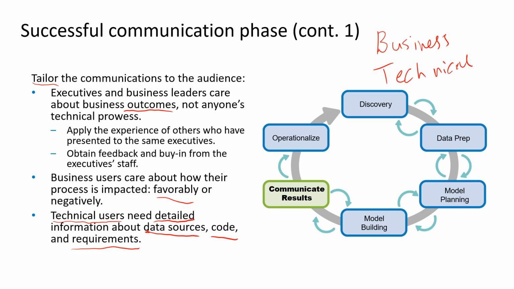In order to know that, you need to get the experience of others. There are other people who may have presented something similar to the same executives, and you could get help from them. If another student came and talked to your professor, and the professor mentioned how he expects the project to be, then it's not a bad idea to talk with them to know the expectations of this specific professor.